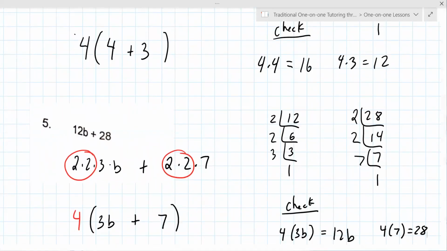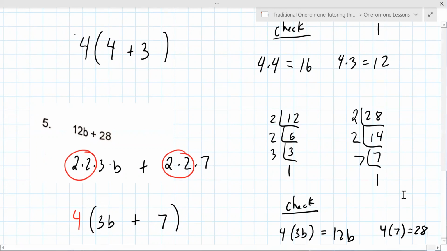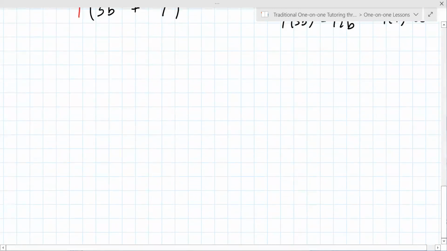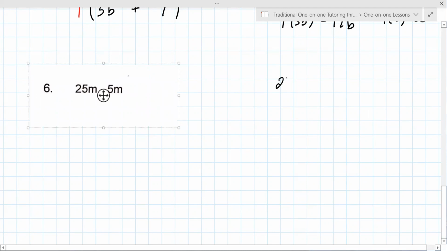Okay, so we should do another one here. We should do 6. It's a subtraction, but that doesn't change anything. It's still the same steps. You still have to find the greatest common factor between 25 and 5. You still have to make the factor ladders for 25 and 5.